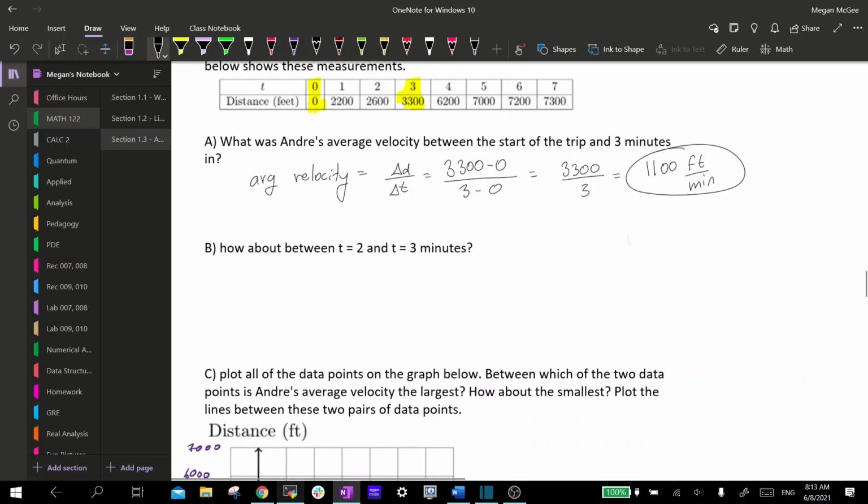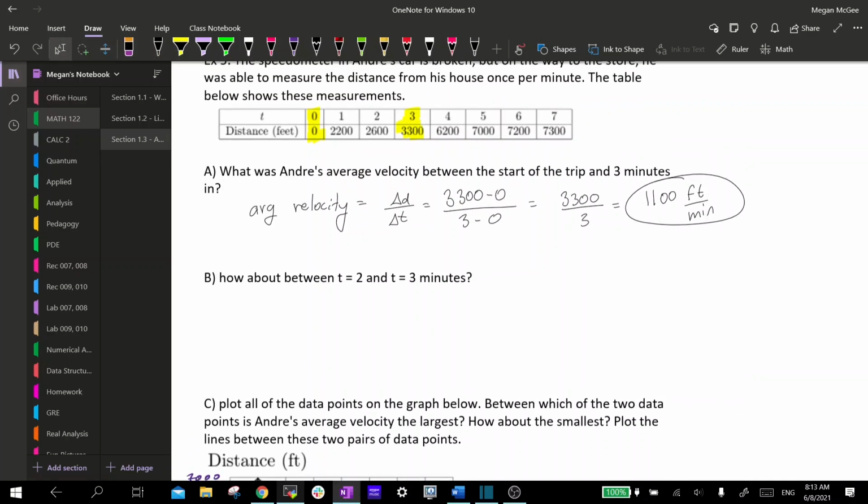Part B, how about between minutes 2 and minute 3? Alright, so same thing, we need our change in distance over our change in time. But now we're looking at minute number 2 and minute number 3. So we have 3,300 minus 2,600 over 3 minus 2.